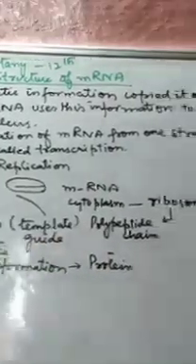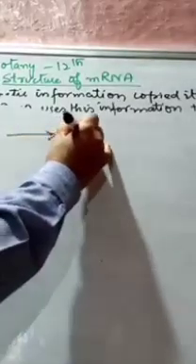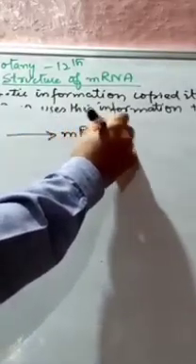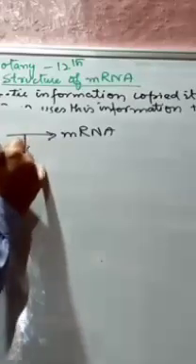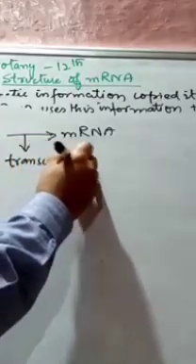So if we write the equation, what we write? That we have got the DNA, and this DNA gives rise to the mRNA, and this process takes place by means of transcription.